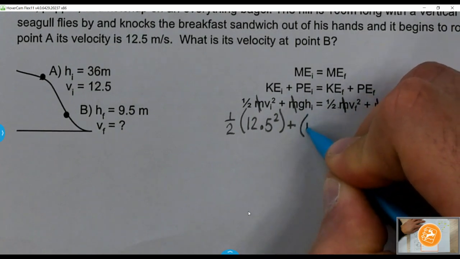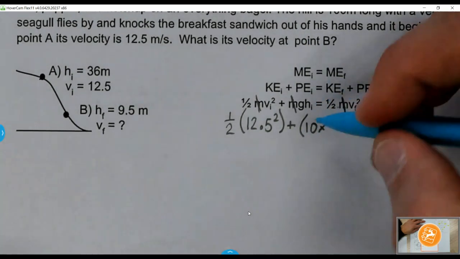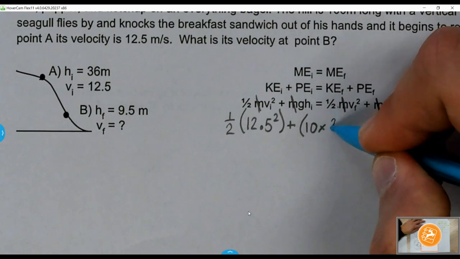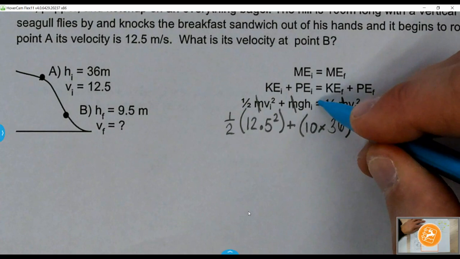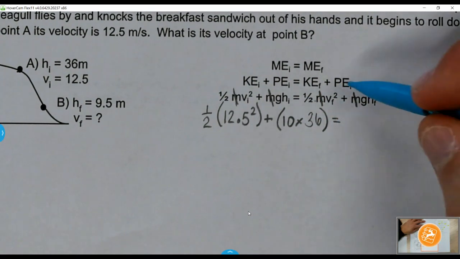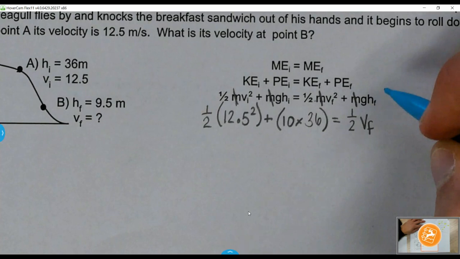We've been using what number for g? 10. We don't need the negative here. And the height, 36. That's our initial height, HI. We're going to bring down the equal sign. We have 1/2. We don't know what VF is. That's what we're looking for. So we have 1/2 VF.